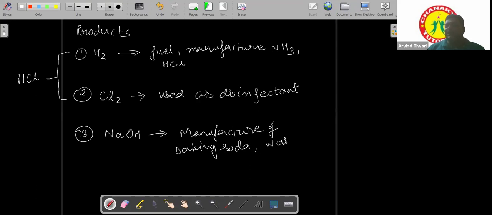It is also used in the manufacture of soap. So a number of wide applications are there for sodium hydroxide, or caustic soda. This process is really very important as we are gaining a number of important products from it.